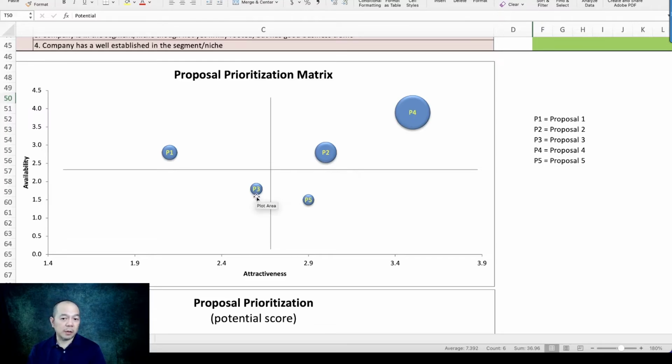And the argument now here is, based on the data that we're seeing, what's available to us, what we think we can win, P3 has a higher chance of winning, while its attractiveness may not be as strong as P5, but the availability is there for us. So with that little resources, we think we can win P3. So certainly a discussion between you and your leadership team to be had, right? Not to be done in the silo.